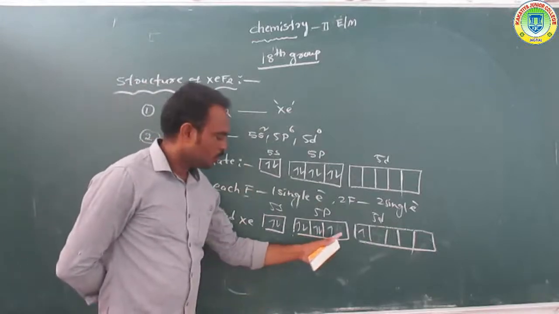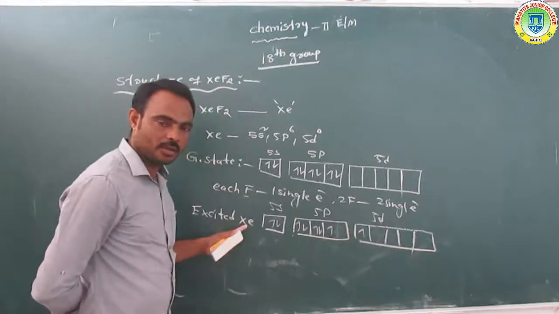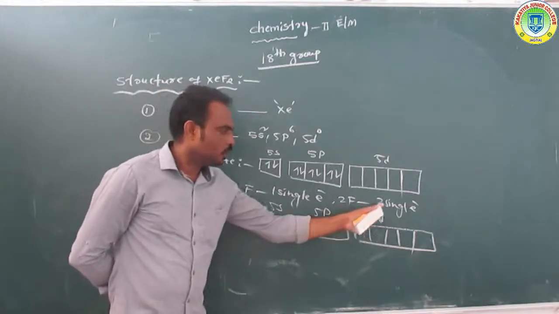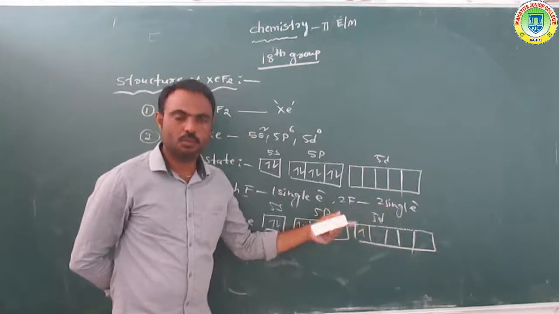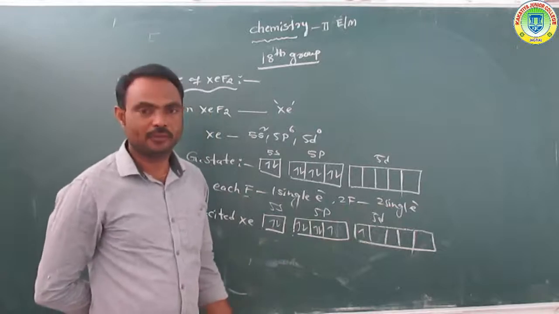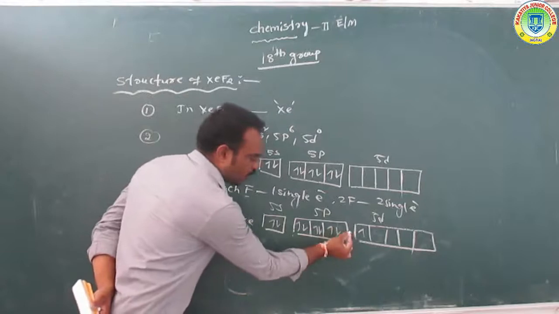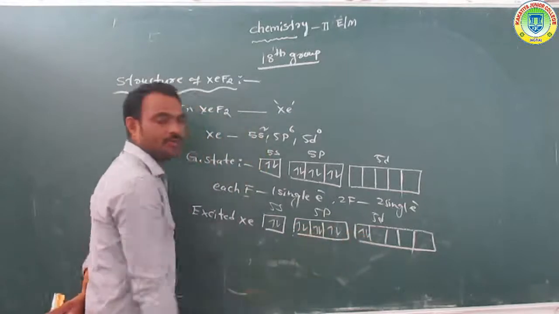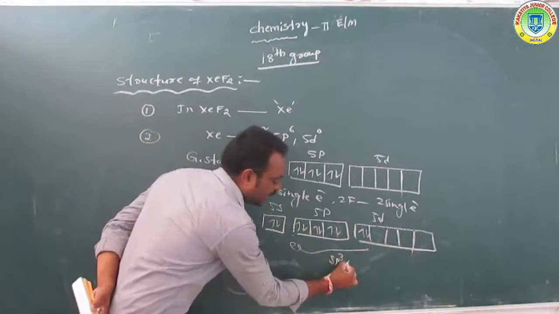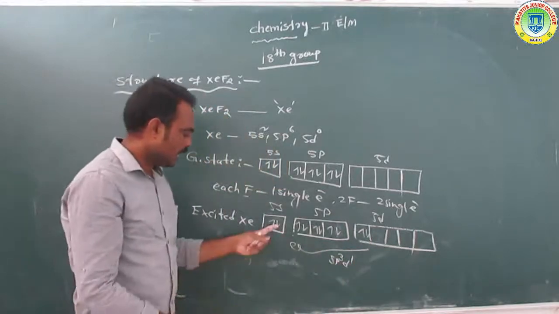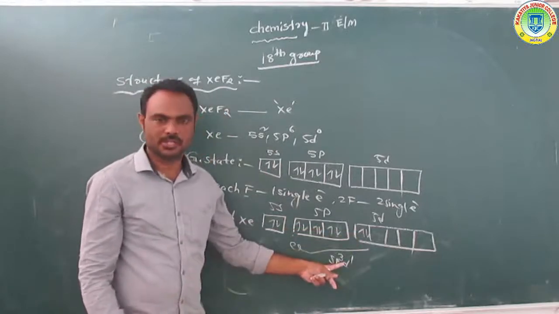So overall, the two single electrons of the xenon atom bond with the two single electrons of the two fluorine atoms to form XeF2. It has sp3d hybridization.